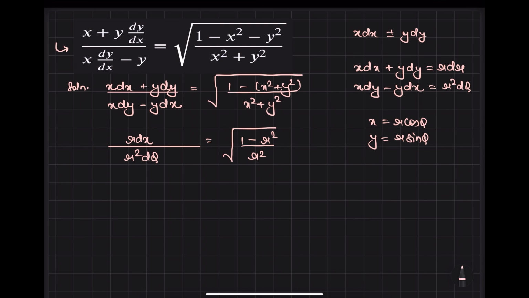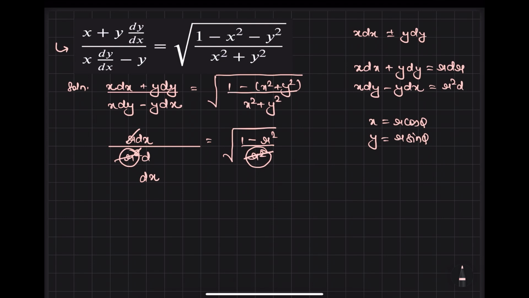Now look at this. If you try to simplify things, one r gone. Here you have one r, and because of the square root we will have one r. So this thing gone. So we are left with dr, okay, that is d theta.